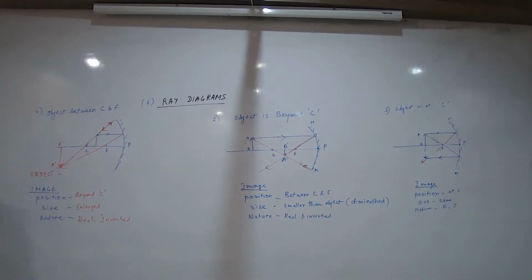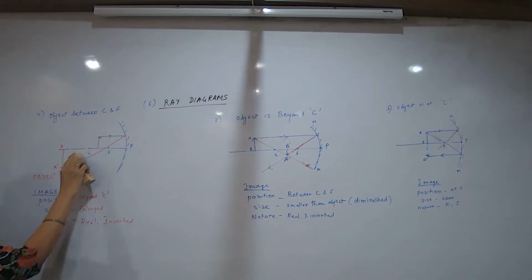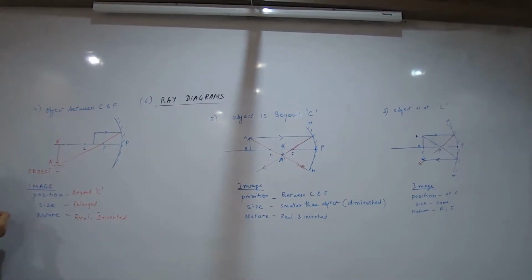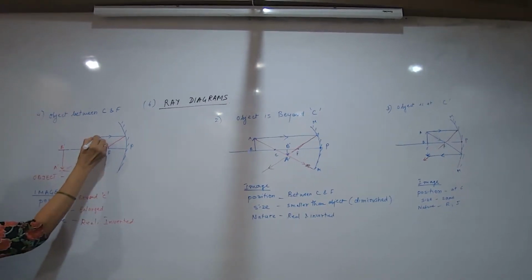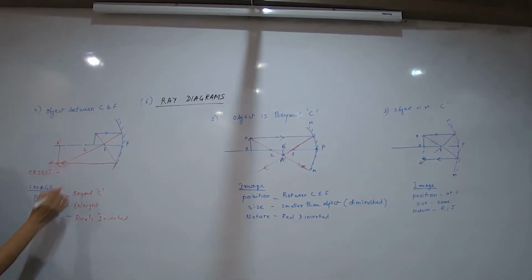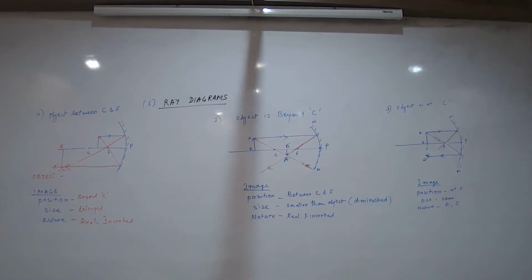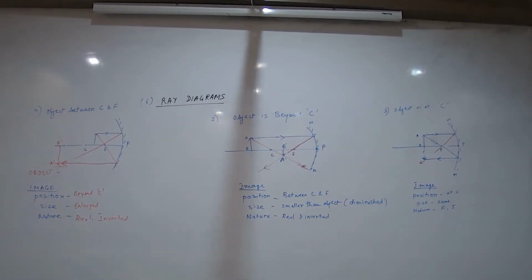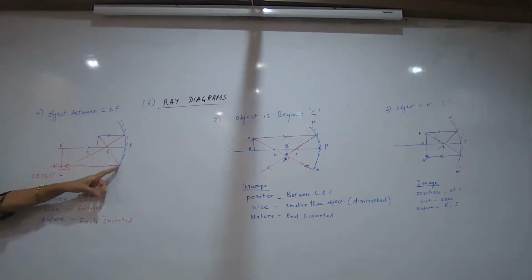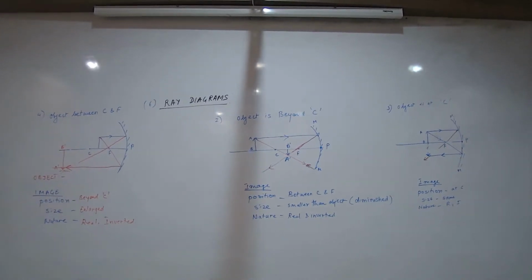The same thing can be done another way. So instead of taking this ray, we just hold on to this. The other ray we can say is passing through F and becoming parallel to the principal axis. So we get the same image. That way is also correct. Did you get it? Second ray passing through F, after reflection becomes parallel to the principal axis. We get the same image.